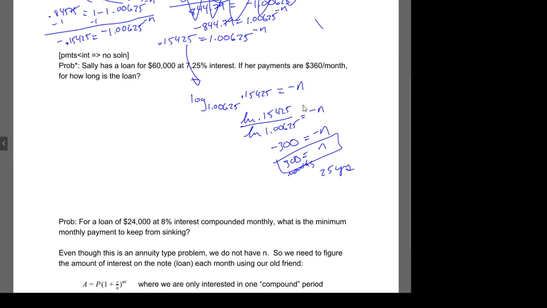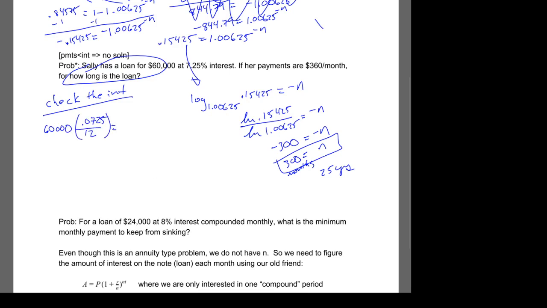And then again here, you could look at this and say, well, sometimes when you set this up, check the interest. It's $60,000. And it's 7.25% interest.